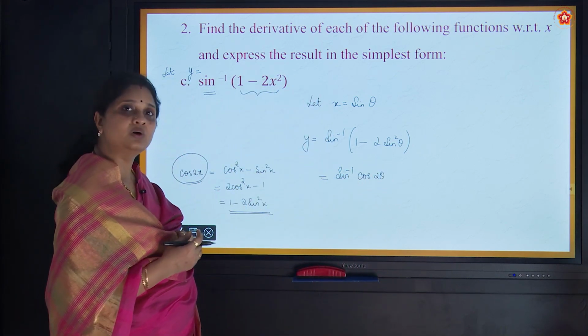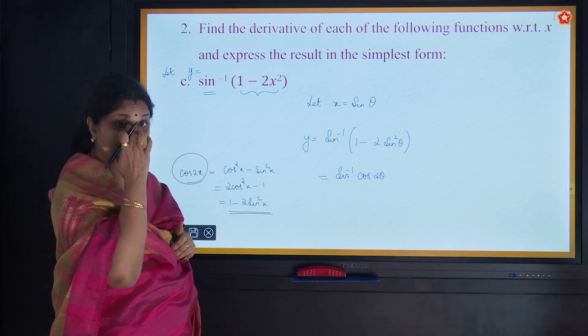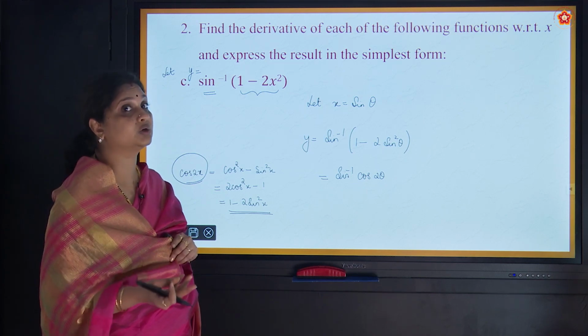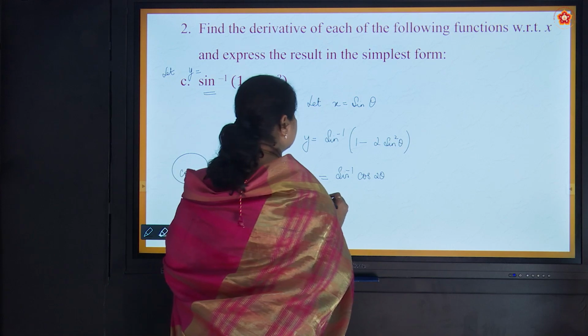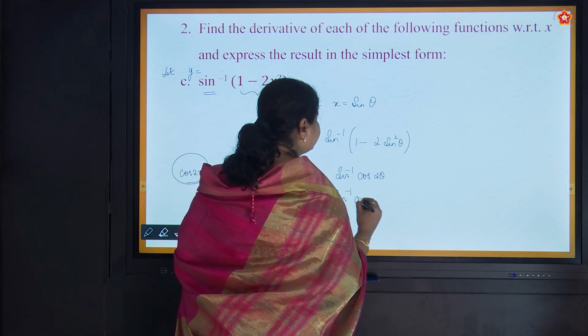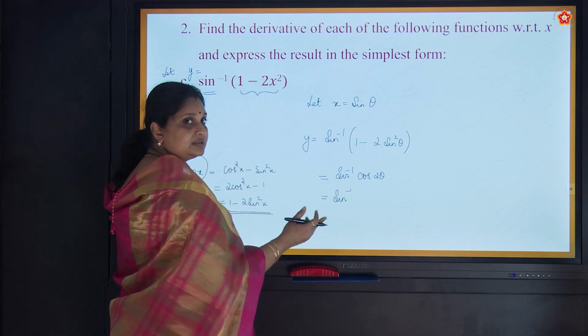Right? Now, how do I express cos 2 theta? I need a sine here for me to get it nullified. Sine inverse and sine only will get nullified and not sine inverse and cos. You know the relation between sine theta and cos theta. Cos of 90 minus theta is sine theta, or sine of 90 minus theta is cos theta.